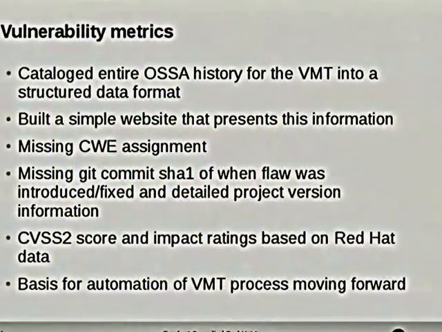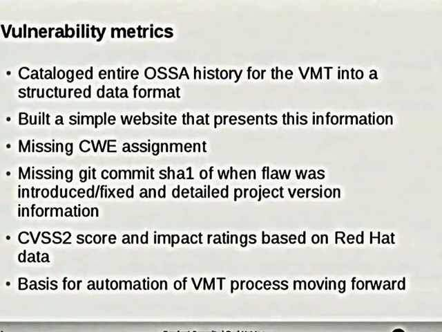So historically, we haven't done a very good job of keeping information about advisories in a structured format. So in preparation for this talk, I actually had to go back and pull all this information together and try and make some sense of it, because I know people would like to see some more statistical type information about the kind of vulnerabilities that we have in OpenStack.